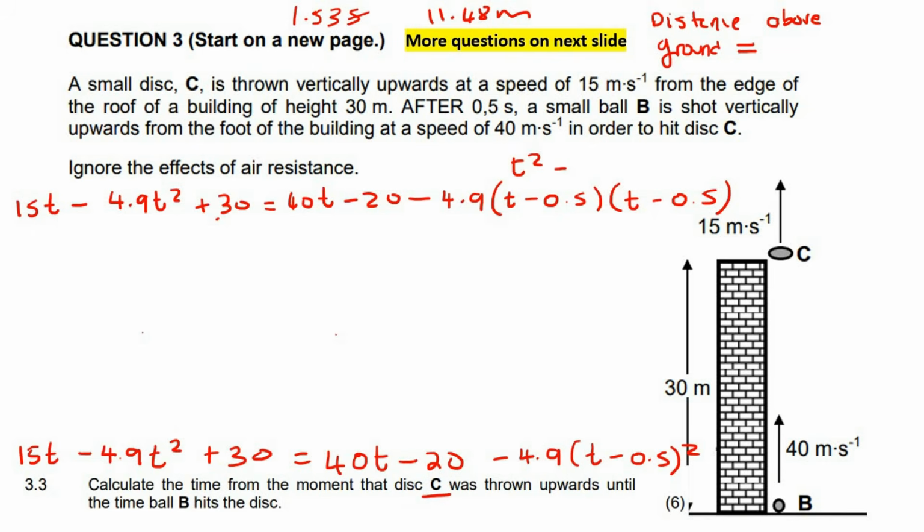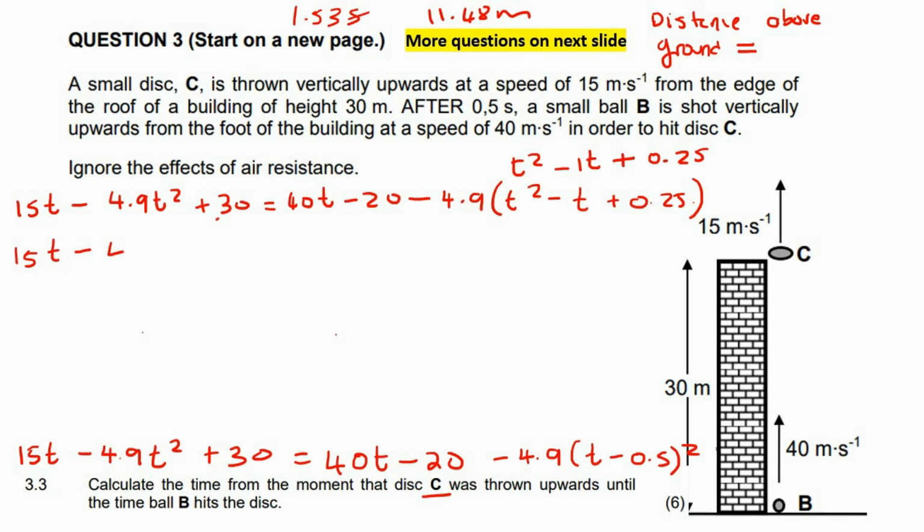That would give us t squared minus 1t. You can see what I mean. You'd get 0.5t, 0.5t, which would give you negative 1t. And then plus 0.25 when you multiply those two together. Okay, so I'm just going to put that over there.